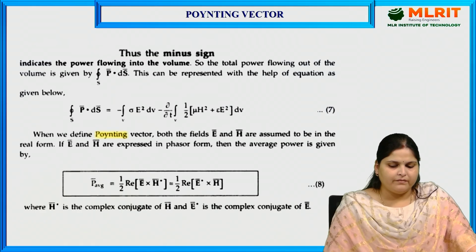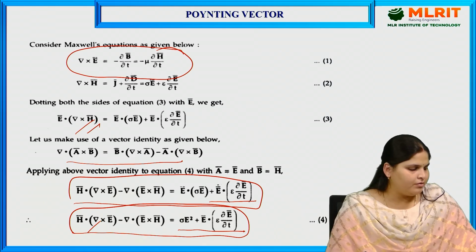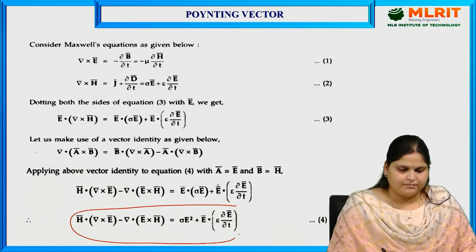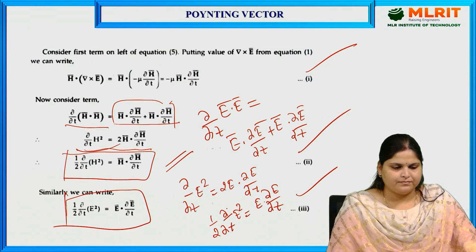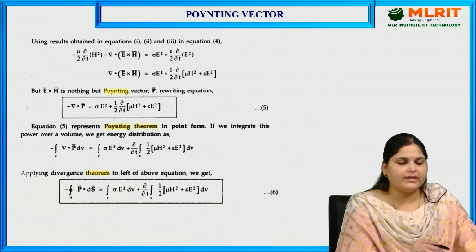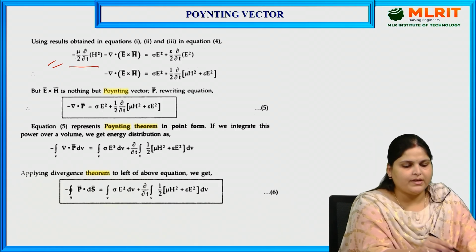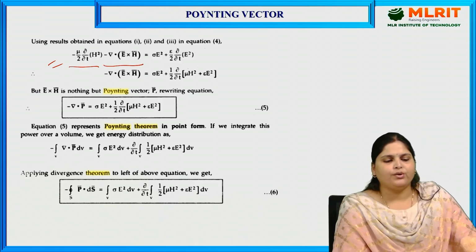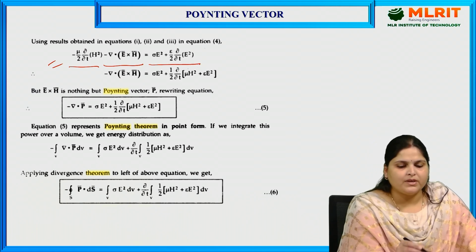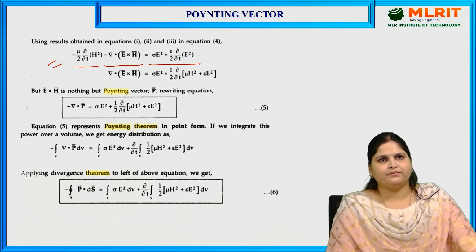Where is equation number 4? That's equation number 4, right? Now when we put it in equation number 4, we will get minus μ/2 ∂/∂t of H² minus ∇·(E×H) equals σE² plus ε/2 ∂/∂t of E².